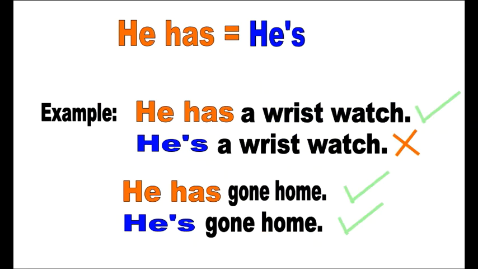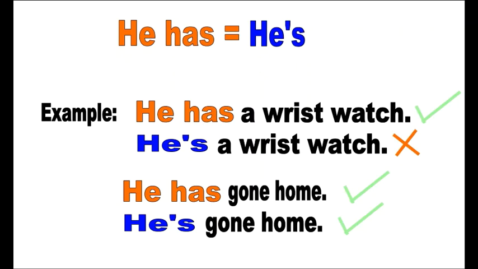So it is necessary that we know how to use the contraction of he has in a sentence. Example, he has a wristwatch. That's correct. He's a wristwatch. The meaning has changed.